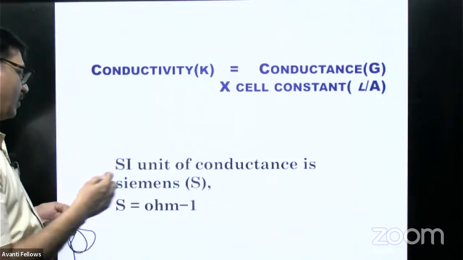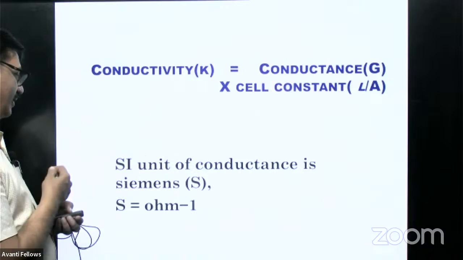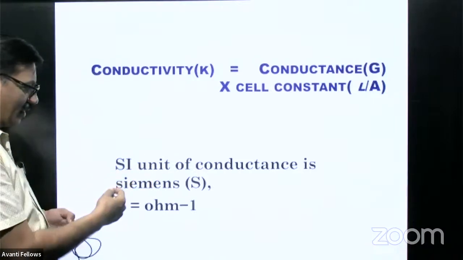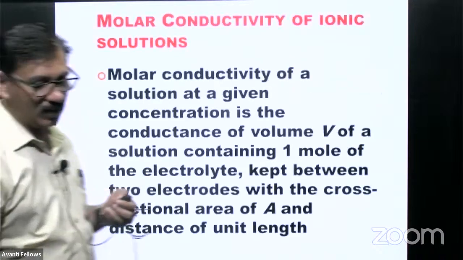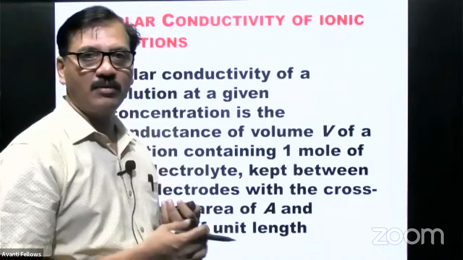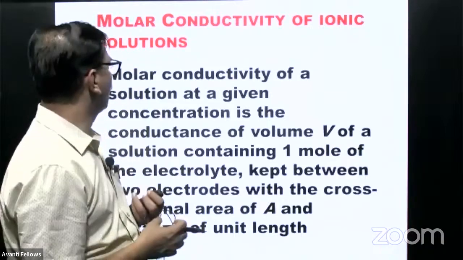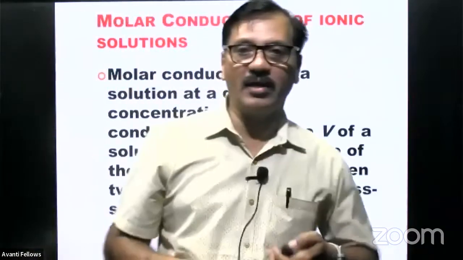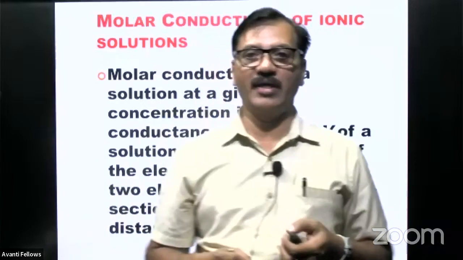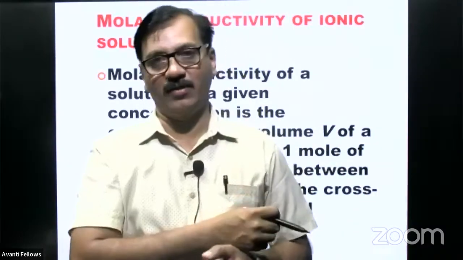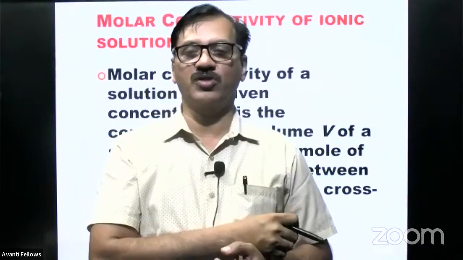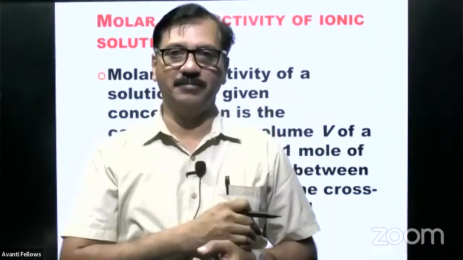The SI unit of conductance is Siemens, and S is per ohm. You know that. Accordingly, you can give the different units of that. Now, there is another one that we are interested in in chemistry: what if 1 mole of an electrolyte is taken in the solution, how much is it going to conduct.